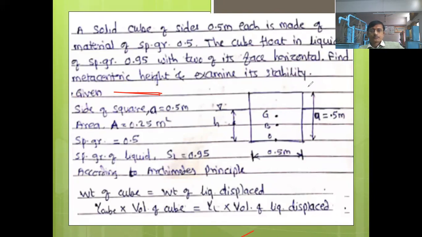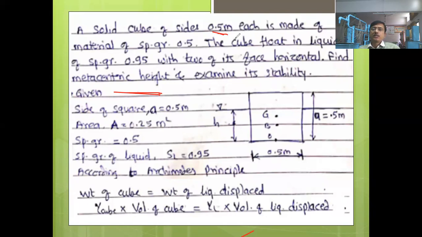Write down this problem. A solid cube of sides 0.5 meter each. A cube has all sides equal, right? That is the property of a cube. Like a square has all sides the same, similarly a cube also has all sides the same. A solid cube of sides 0.5 meter each is made of material of specific gravity 0.5.